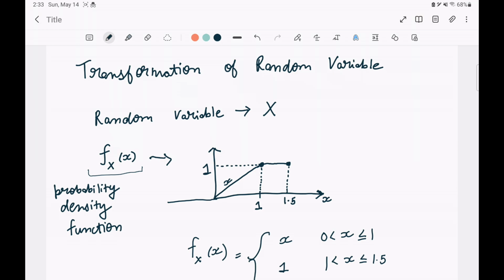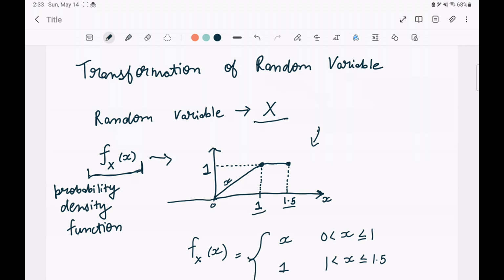Now, let's say I have a random variable x and I have been given its probability density function, represented as small f of x, and let's say its probability density function is this. It increases linearly from x equals 0 to 1 like this, and then it stays constant at the value of 1 from 1 to 1.5.